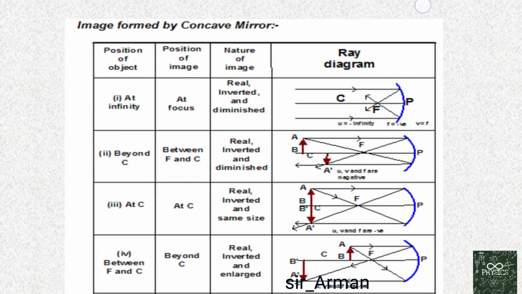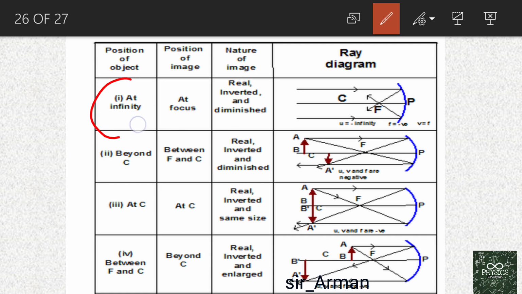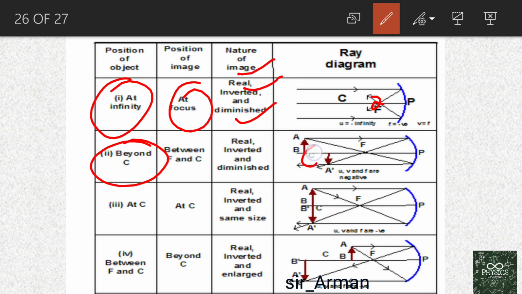When we place our object at infinity, we obtain our image at the focus. And what was the nature? Inverted and diminished. For case number 2, the object is beyond the center of curvature and we obtain the image between C and F. So our image is between the center of curvature and the principal focus, and we can obtain it on a screen.